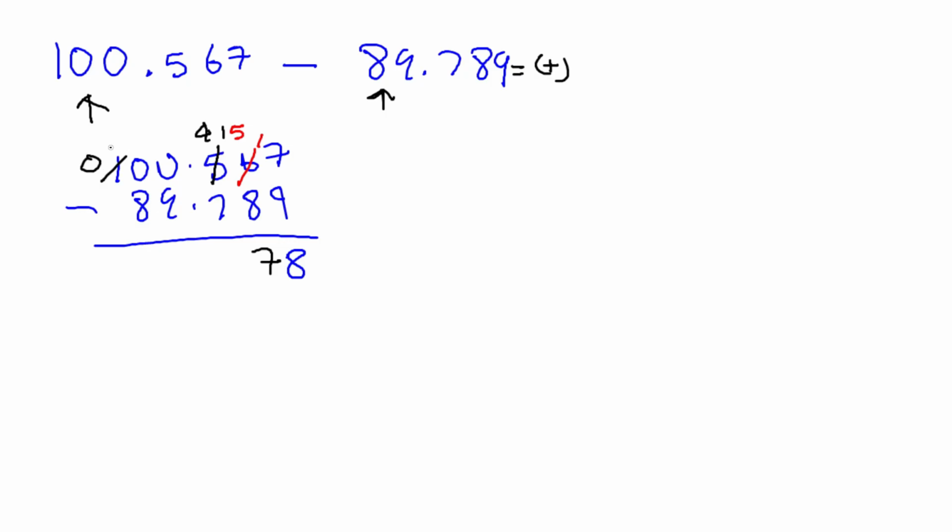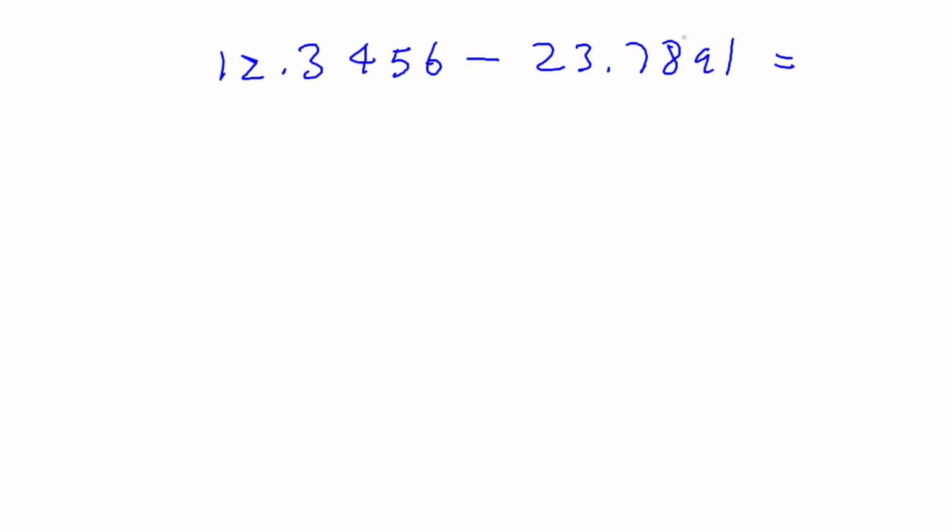This will be 0, this will be 10, but we need to borrow 1. That's 9. It's 10, and we need to borrow 1. It's 9. Now it's 14 minus 7, which will give you 7. Bring down the decimal. 9 minus 9, 0. 9 minus 8, 1. And it's positive, so 10.778 is your answer.